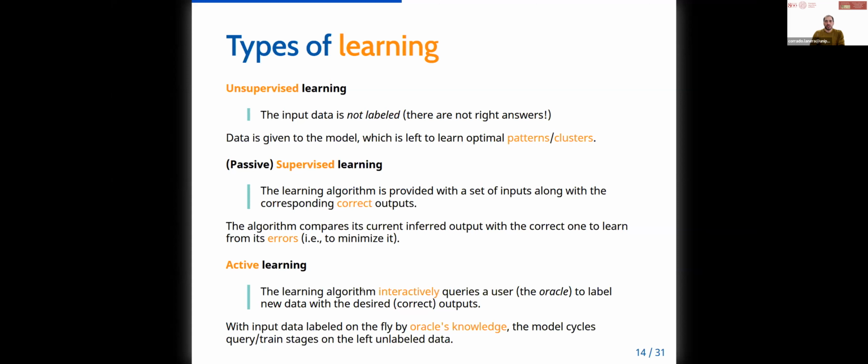At the end, in active learning, we suppose that we have an oracle that knows everything. The role of the learning algorithm is to ask the oracle for the correct answer, based on what it considers the best question to ask. So think about an interactive lesson between teacher and students, in which the student comes up with a question and, based on the answer, puts to the teacher the next question, focused on the new knowledge he gains.